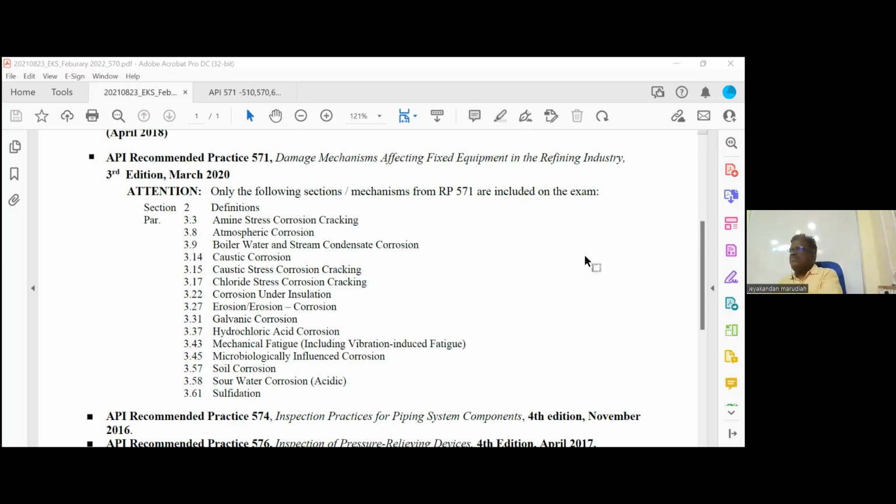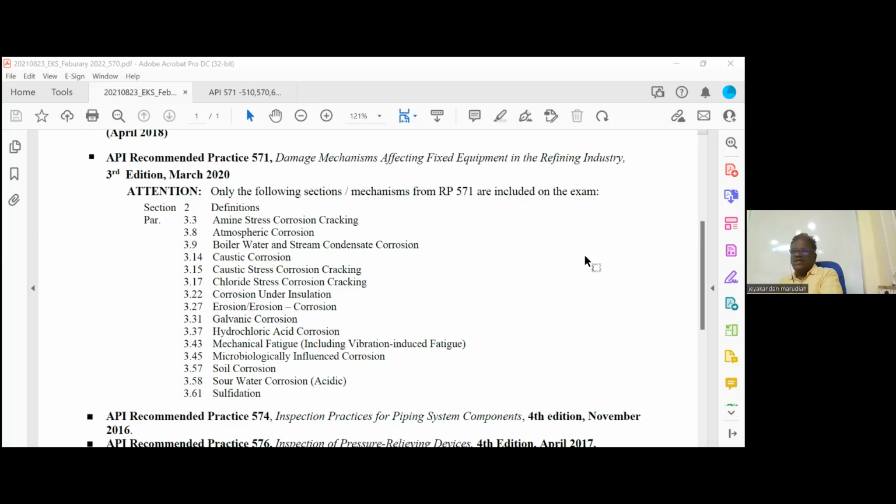What type of damage mechanism will come in a particular pipe depends on what service it is operating in and what the design condition is. Design condition means material, thickness, pressure, temperature. Based on this, we should first expect where the problem will come and what NDT will detect it.